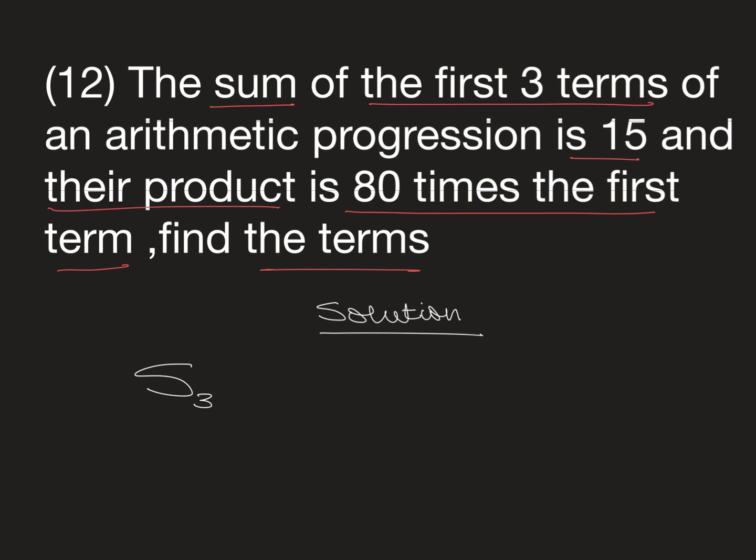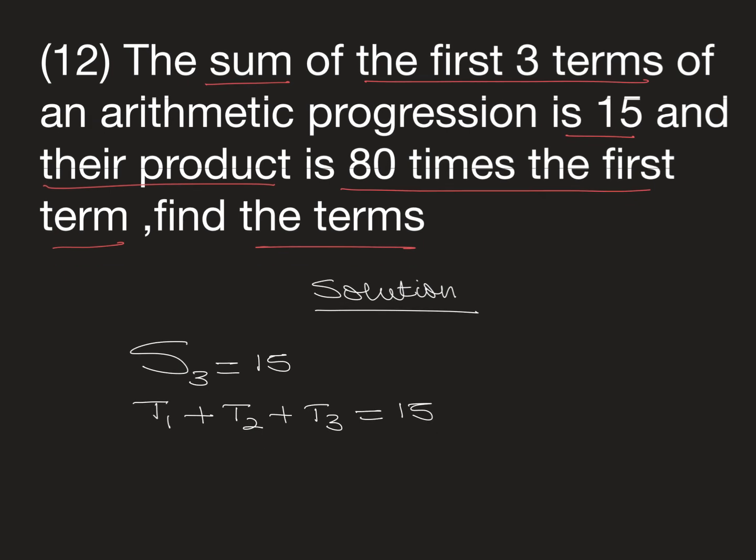So the sum of the first 3 terms is equal to 15, which means T1 plus T2 plus T3 is equal to 15. And it says their product is 80 times the first term. So that is T1 times T2 times T3, the product, is 80 times the first term, which is 80 times T1.